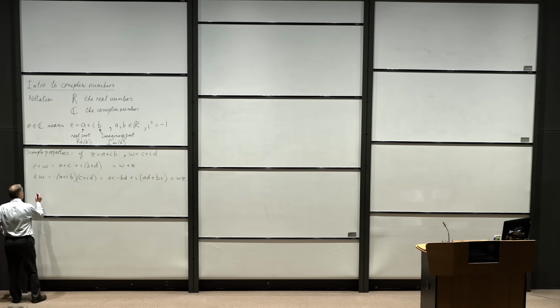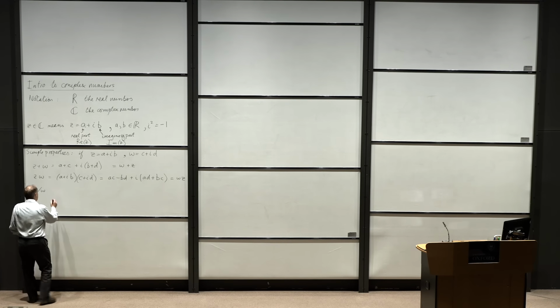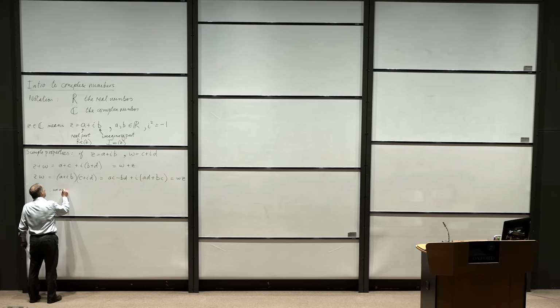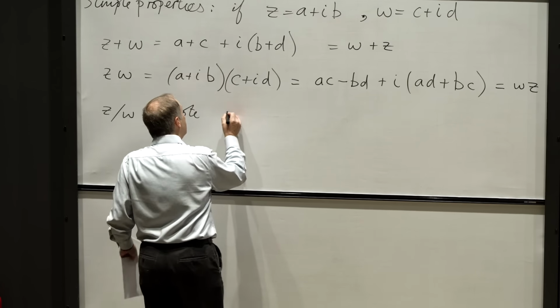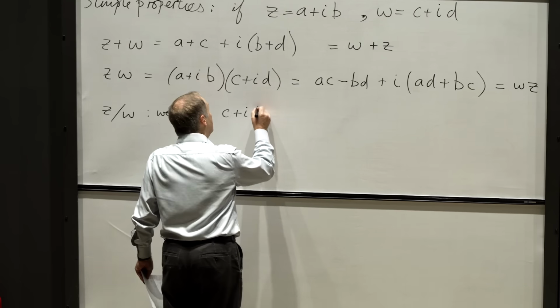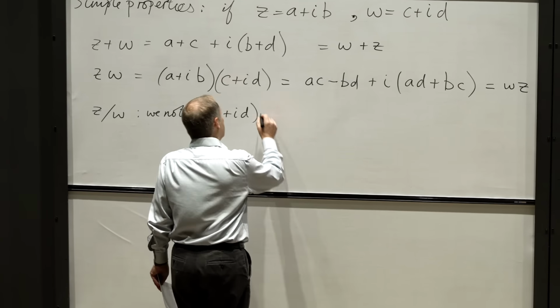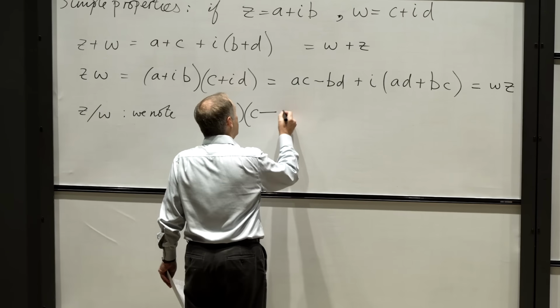Okay, so what about Z divided by W? For this we have to note that if I take W and I multiply it by this guy, well, I put a minus sign in here.